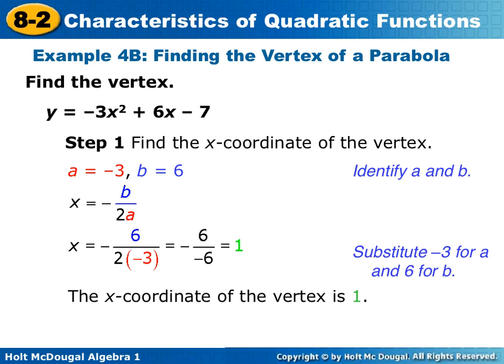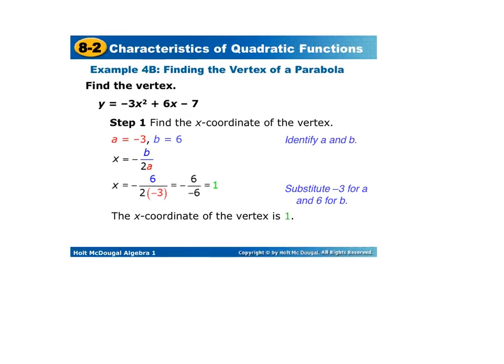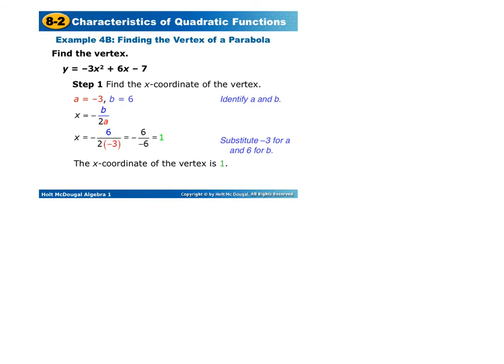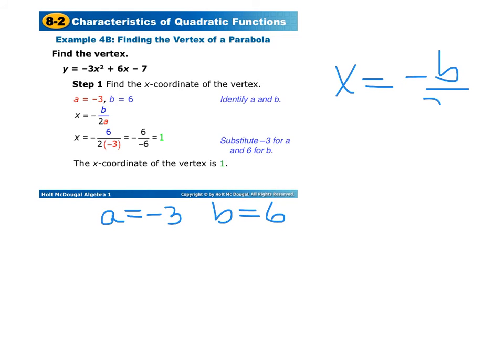Okay, let's see what else is here. Find the vertex. Here we go. So again, we're going to do axis of symmetry first. So our A is negative 3. Our B is 6. Our formula is negative B, or opposite of B, over 2 times A. So here, my B is positive 6.